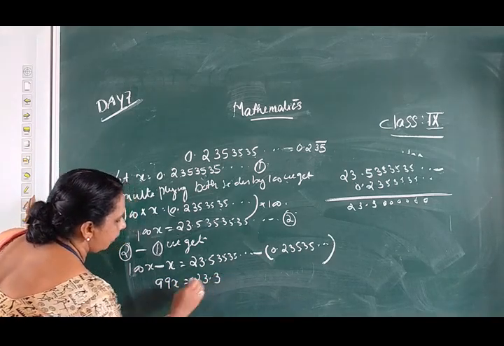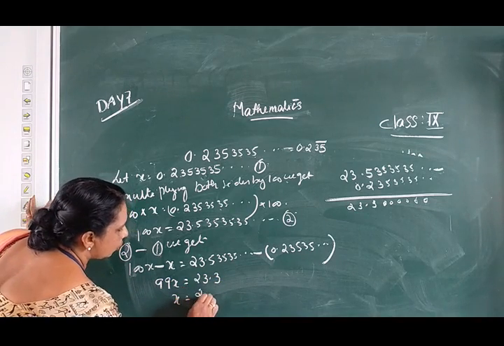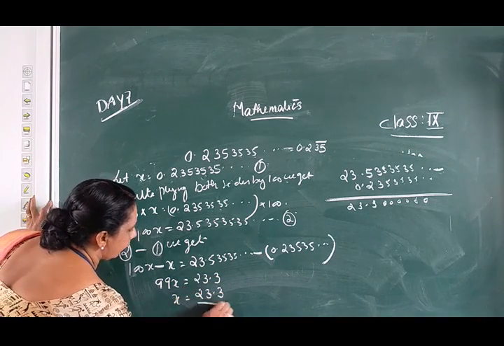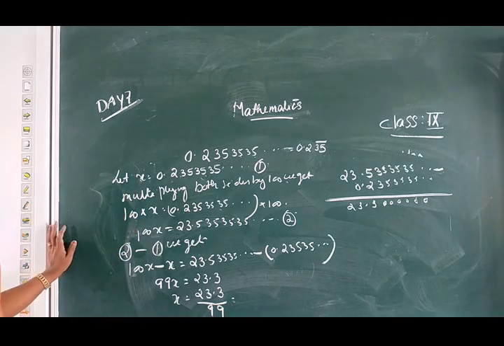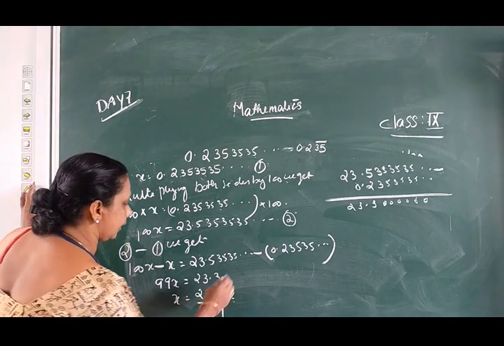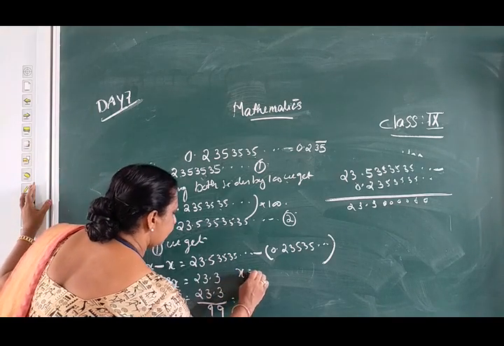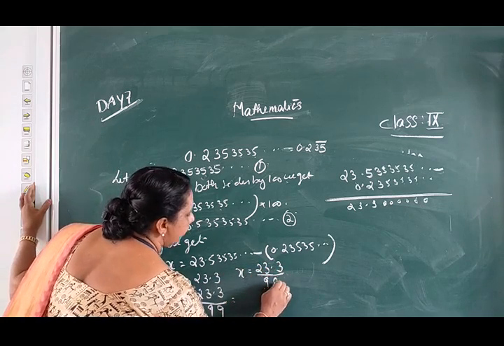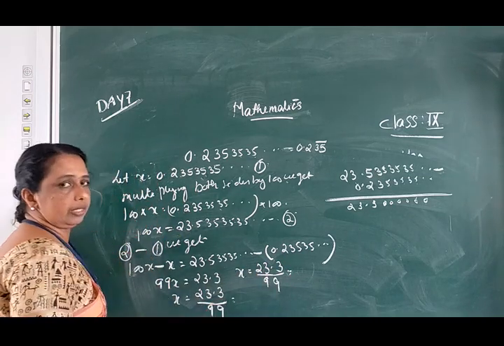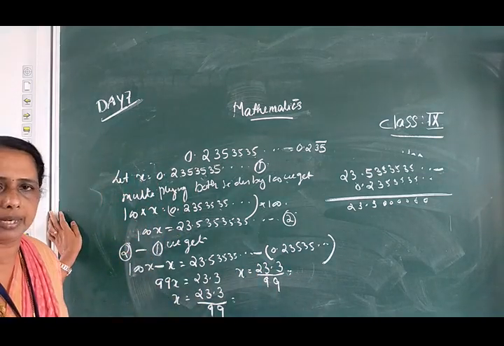That is, x is equal to 23.3 divided by 99. We want to change the decimal, since the numerator has a decimal after 1 digit. How can we change it? Here I am writing one more time: x is equal to 23.3 by 99. The decimal is after 1 digit, so we have to multiply the numerator and denominator by 10.